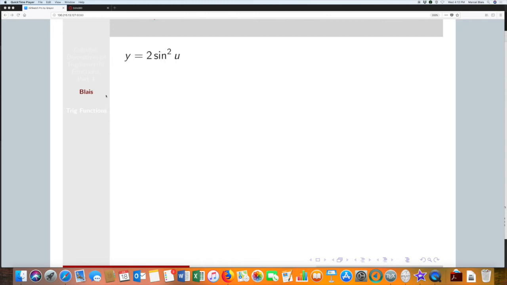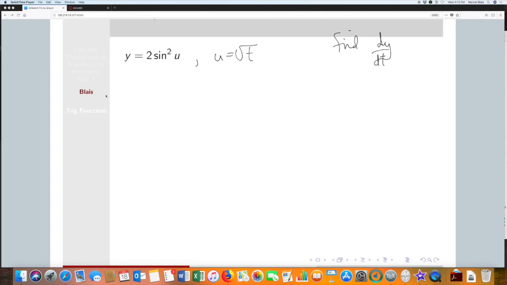Another tougher chain rule problem would be the following here, and we want dy du. Actually, let's make this a little more interesting. Why don't we say y equals 2 sine squared u and u equals square root of t? We want to find dy dt.